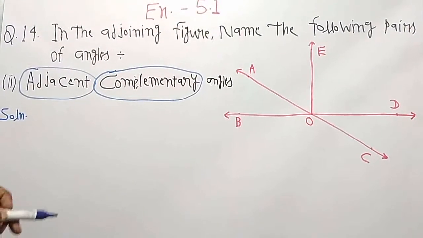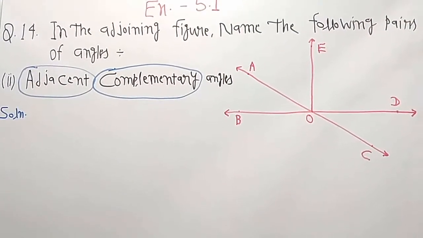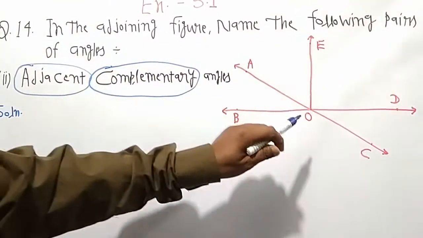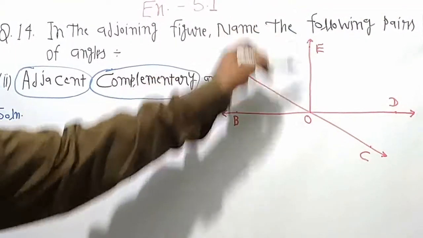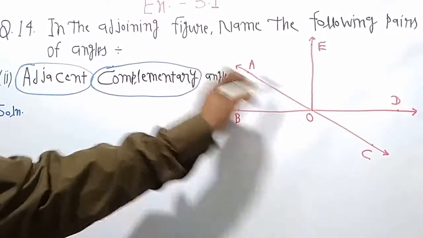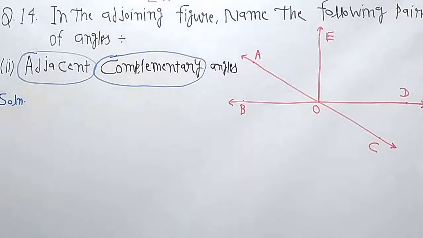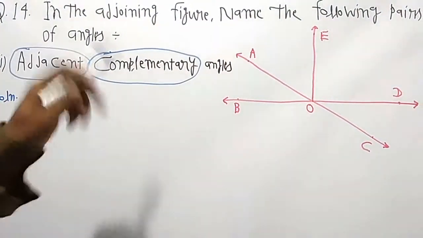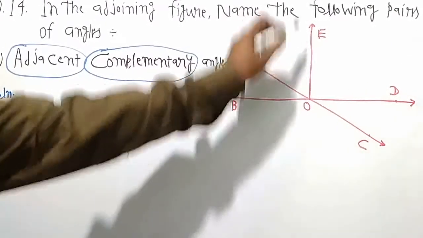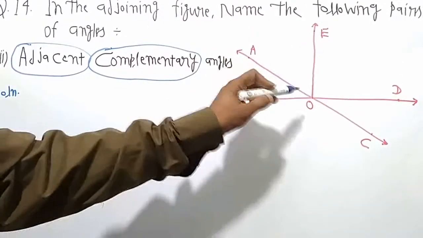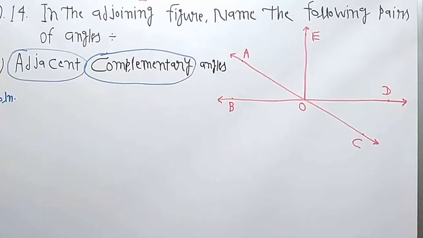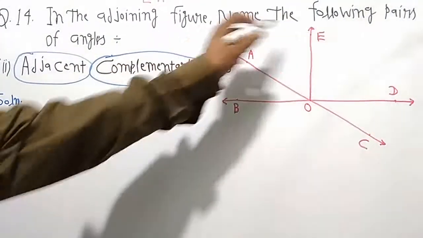Now the second condition, common arm. Suppose we are taking the angles EOA and AOB, in which AO is the common arm, and the third is that the non-common arms are on either side of the common arm. So all three conditions are satisfied for this particular part.